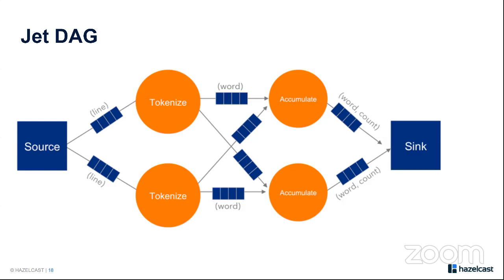Each of the processors of the stages is parallelized under the hood, and as you see, we have two instances of the tokenize processor and two instances of the accumulate processors. And the DAG, it's still a DAG, but it got bigger, and it's not the end.